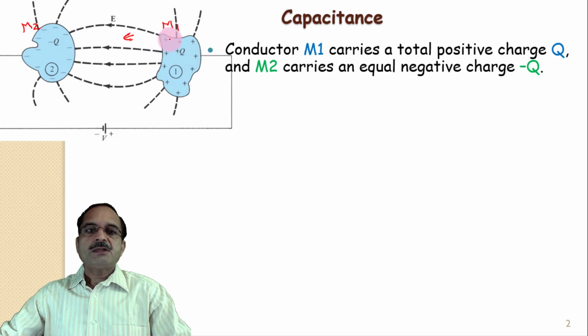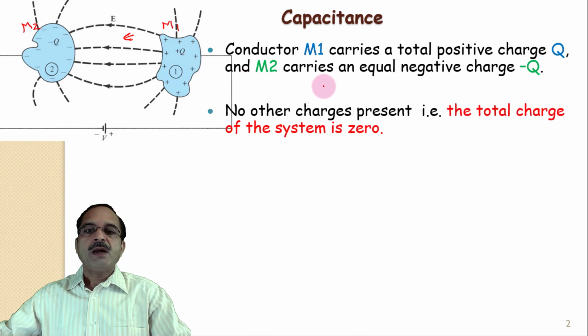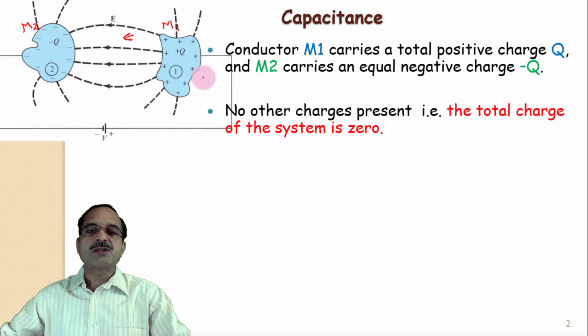And because of this positive charge on M1 and negative charge on M2, there is electric field intensity in the region of dielectric oriented from positive charge to negative charge, and there are no other charges present in the system. That is, the total charge of the system is 0.